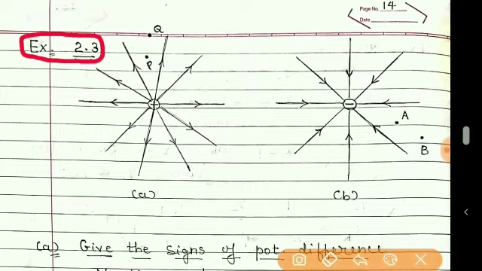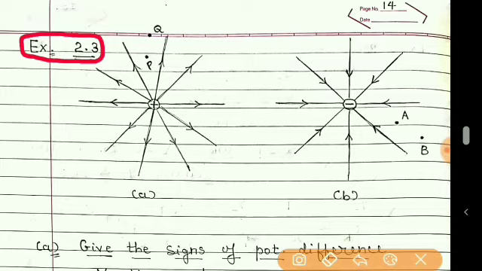Now students, if the topics which were studied earlier is clear to you, then you can easily answer these small questions given in these examples. So this example is only to revise, we can say, the previous topics and to check whether that topics are clear to you or not.